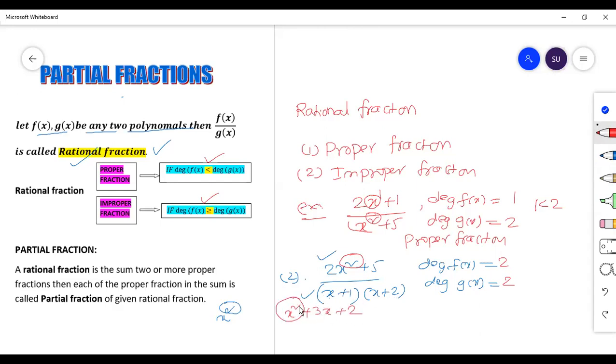So the highest power of x is 2. That's why degree of g of x is also 2. Now is it a proper fraction or improper fraction? Degree of f of x is greater than or equal to degree of g of x, so it is an improper fraction. Now let us see another example.